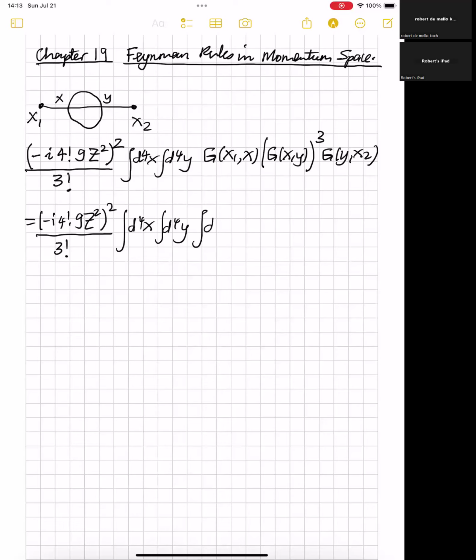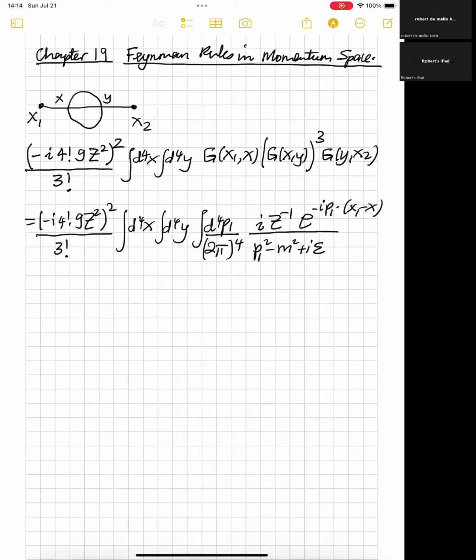Well, this will be an integral d4p1 over (2 pi)^4. And then we've got i Z^-1, that's our propagator for the physical field, over p squared minus m squared plus i epsilon. And then we have an exponential e to the minus i p1 dotted into (x1 minus x). Now, this propagator goes between x1 and x, and we've associated to it a momentum p1.